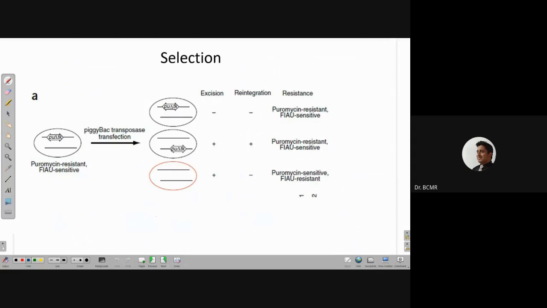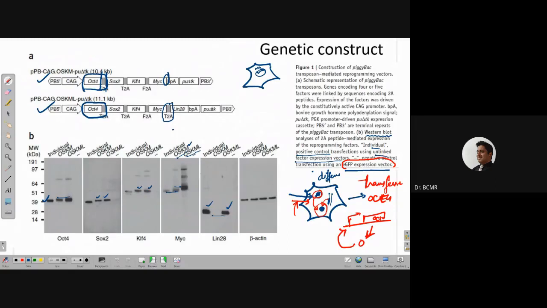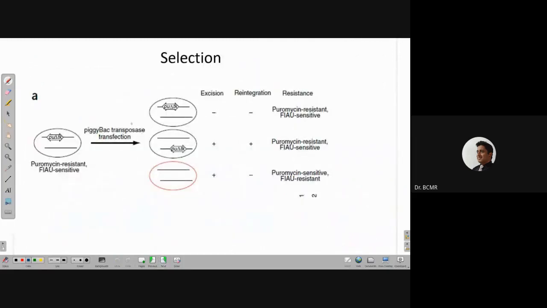So the next part. Here they have introduced, and now they have proved that the OCT4 or the OKSM factors are induced, and that is how they were able to isolate some strains that are reprogrammed to pluripotency. So we have certain situations that we need to also discuss about the selection.